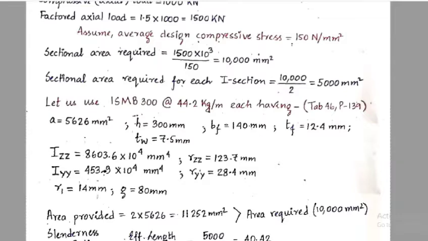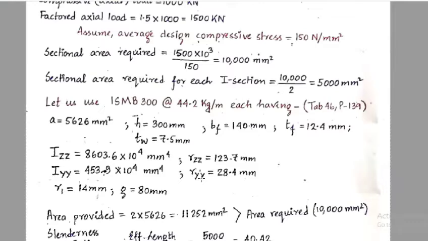Then we have BF, which is the width of the flange, then the thickness of flange, thickness of web. We have moment of inertia about ZZ axis and YY axis. This is the root radius R1, this is the gauge distance, and we have the radius of gyration about ZZ axis and YY axis.